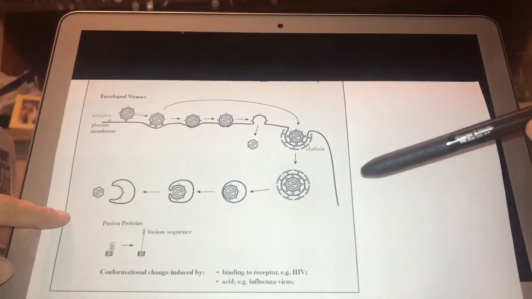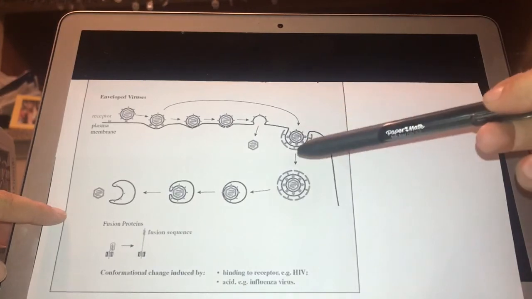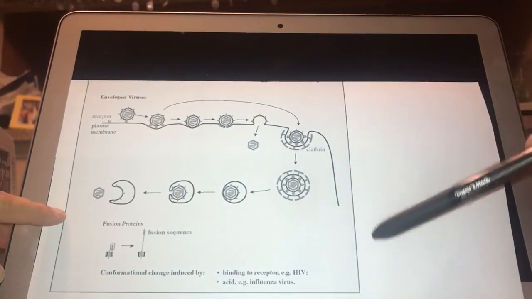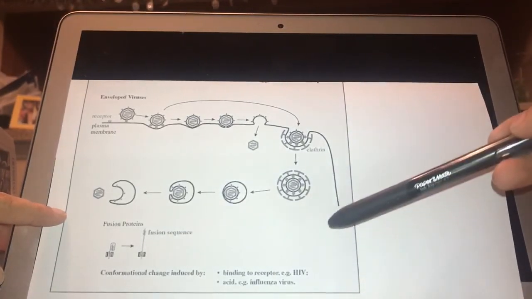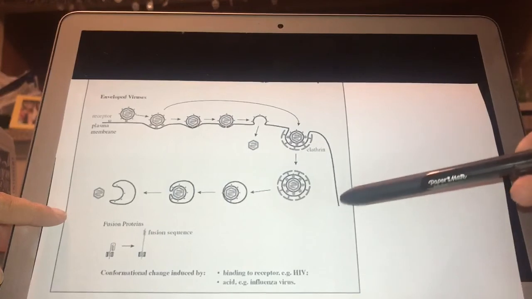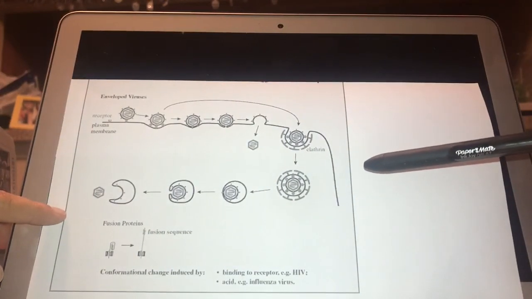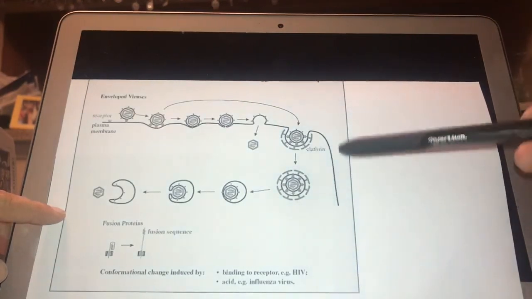And why it does that is because once it affects the replication process, every time that host cell replicates its genome or code, then it will have that viral genome as a part of its code.